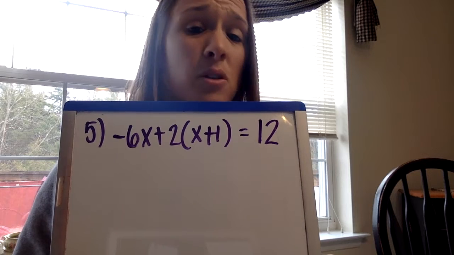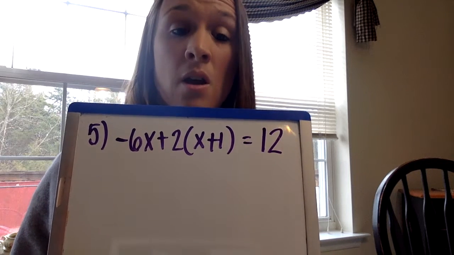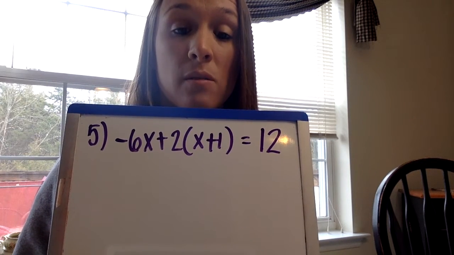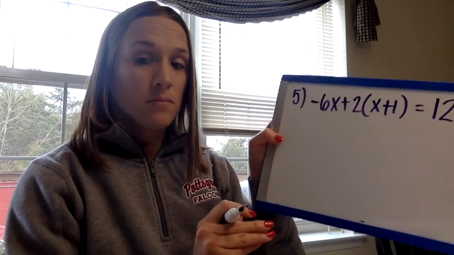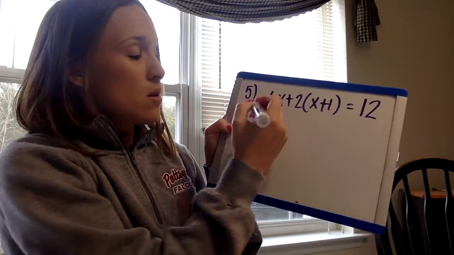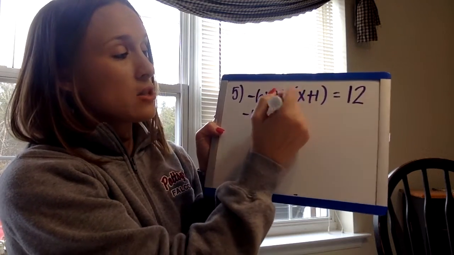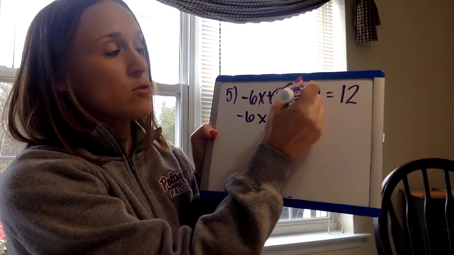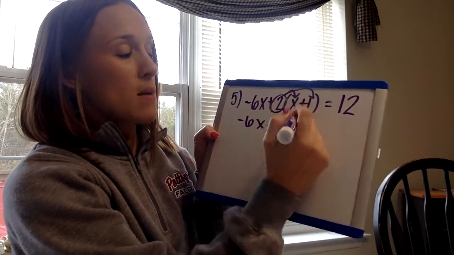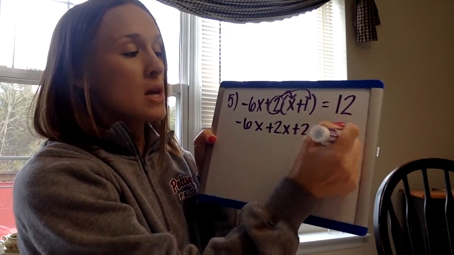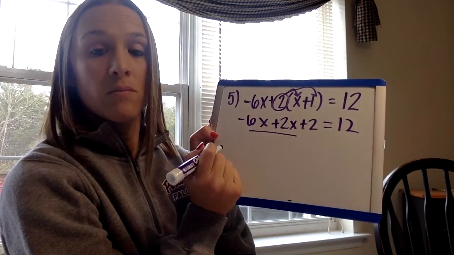Negative 6x plus 2, this marker smells. Negative 6x plus 2 times x plus 1 equals 12. So distributive property first. So negative 6x. Take the 2, multiply it to the x. Take the 2, multiply it to the 1. So 2 times x is 2x. 2 times 1 is 2. Combine your like terms.